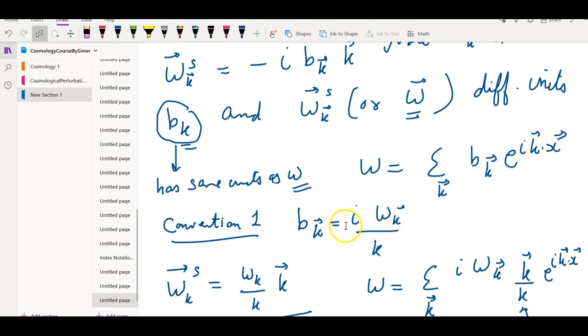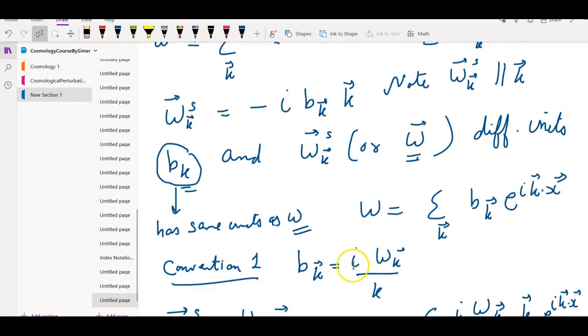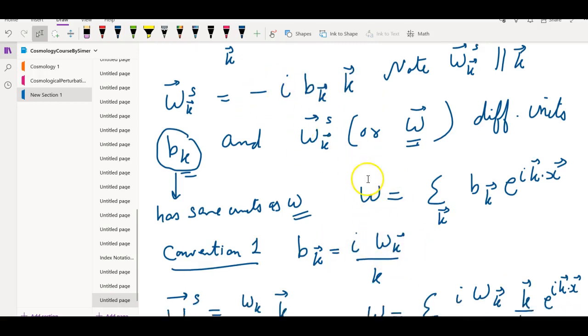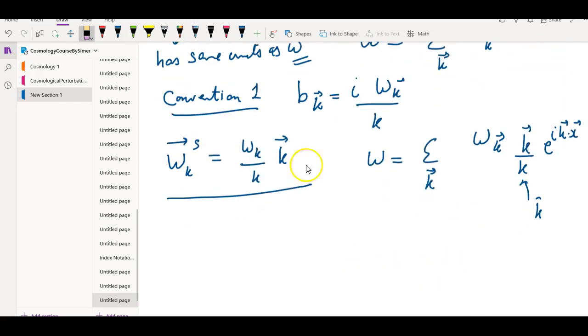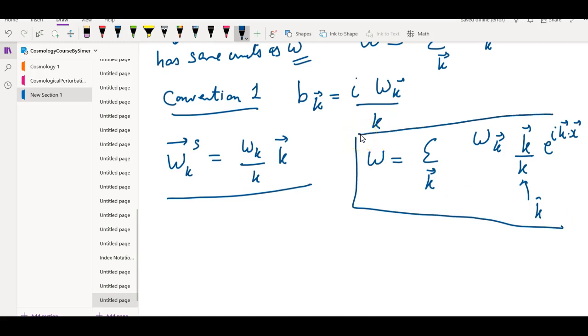I have BK, iota, and iota square will be minus 1. So I have this and this multiplied by minus 1 and minus. So this iota should not be there. So you see that in convention 1 we have a potential given by this relationship.